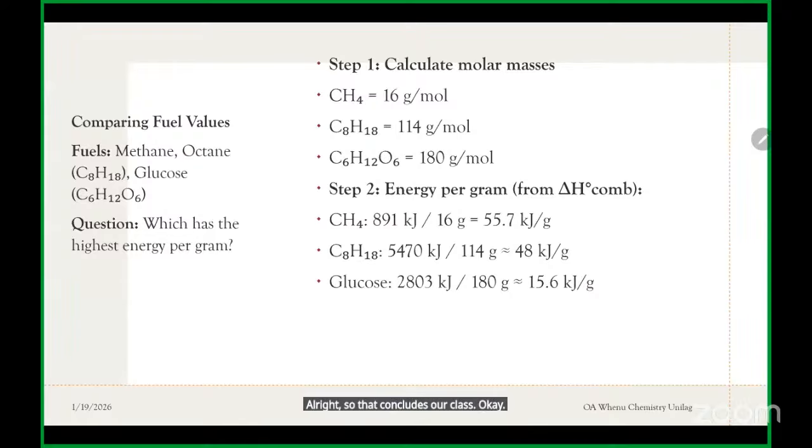Okay, there's an example here. We are comparing fuel values of methane, octane, and glucose. Which has higher energy per gram?